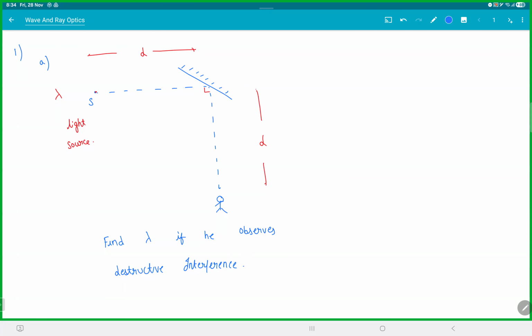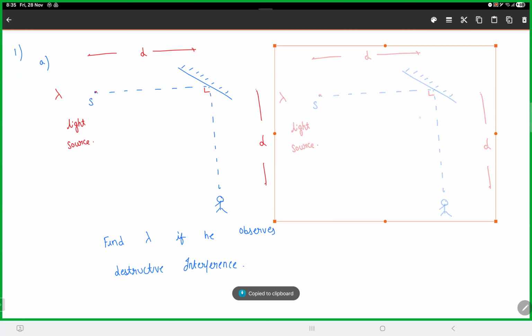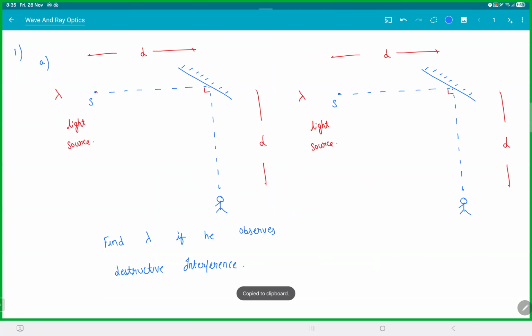Same thing, repeated for a sound wave. This is a standard question, an easy one, but you should know the difference between them.